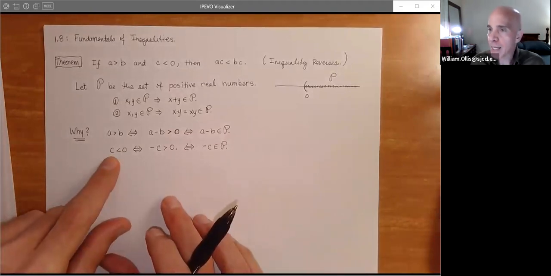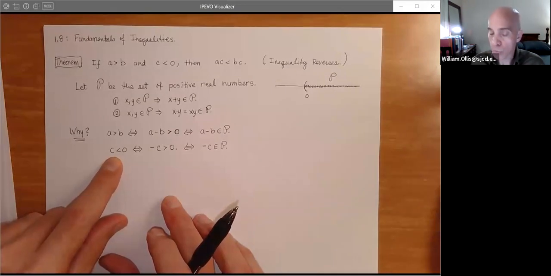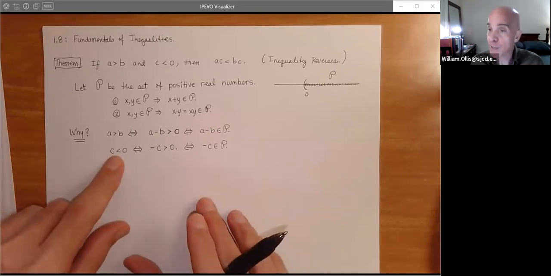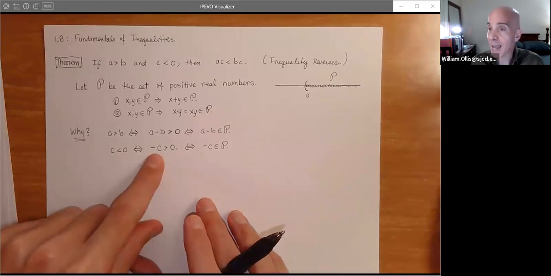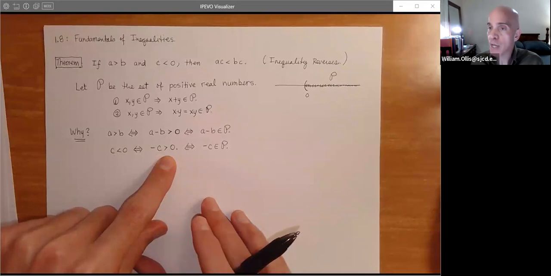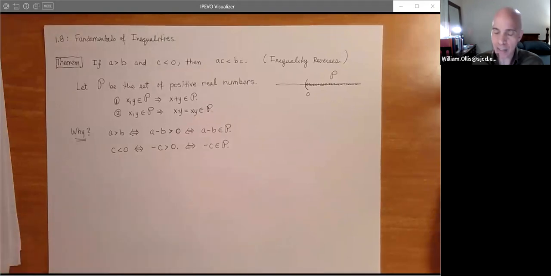There is no negative by the C, but we've assumed that C is less than 0. So you can't say, oh, well, C is positive because it doesn't have a negative. That's not true. We've assumed this. So that means the additive inverse, or the negative of C, in this case, is positive. So we have to think in terms of signs and what the symbols actually mean.